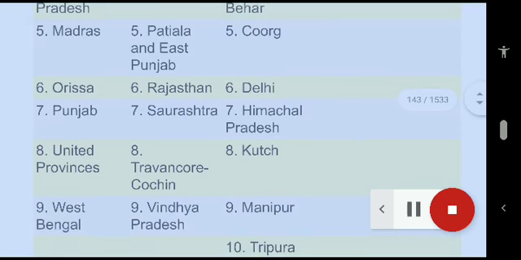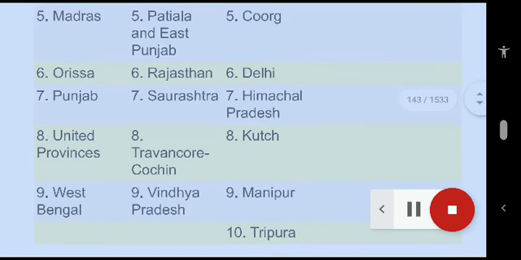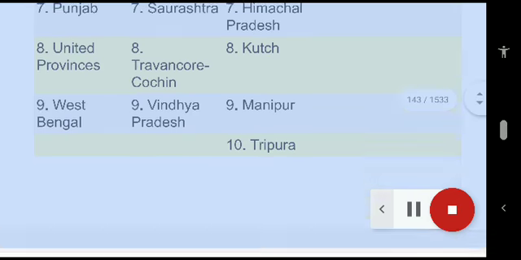Madras, Patiala and East Punjab, Coorg; 6. Orissa, Rajasthan, Delhi; 7. Punjab, Saurashtra, Himachal Pradesh; 8. United Provinces, Travancore-Kochi, Kutch; 9. West Bengal, Vindhya Pradesh, Manipur; 10. Tripura.